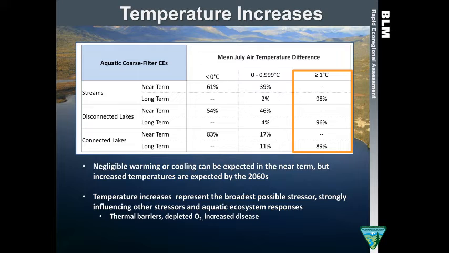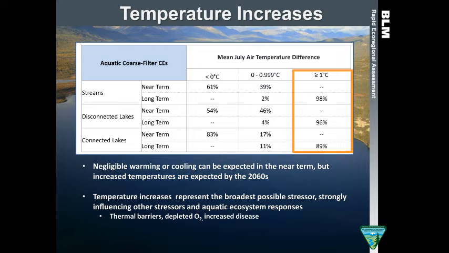Nancy discussed this a little bit in the previous presentation, but the take-home message here is that in the near term, there's not projected to be much of a change, either warming or cooling, but in the long term, we're projecting to see greater than 1 degree Celsius temperature increase for all of the aquatic habitats. And again, this is air temperature. We don't have water temperature. That's a very big data gap. The correlation isn't direct, but we're using it as a proxy for our coarse filters.